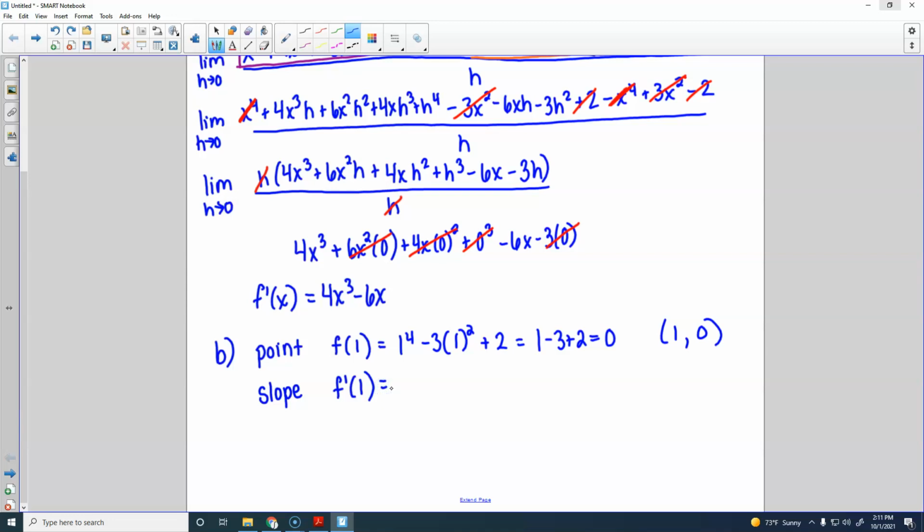Plug 1 into your derivative, and that is going to give you the slope at that point. So we have 4 times 1 cubed minus 6 times 1, which is going to be 4 minus 6. So we'll get negative 2. Okay, so our point is 1, 0. Our slope is negative 2.